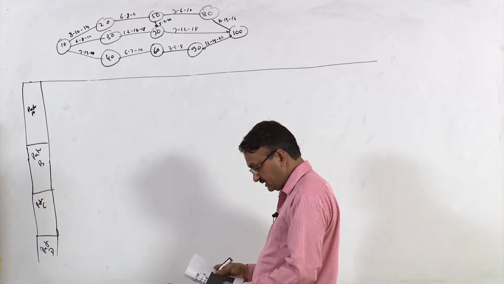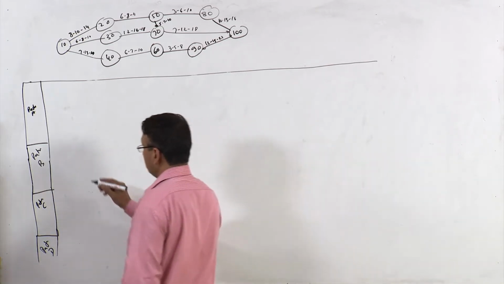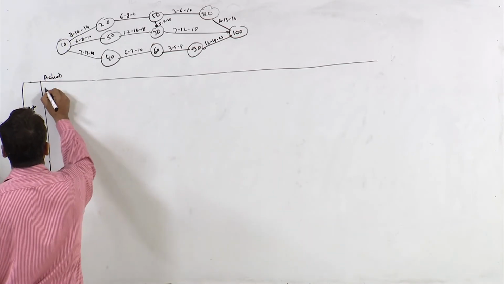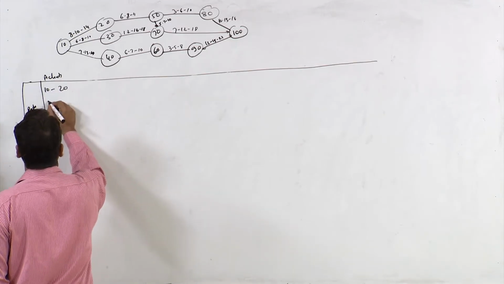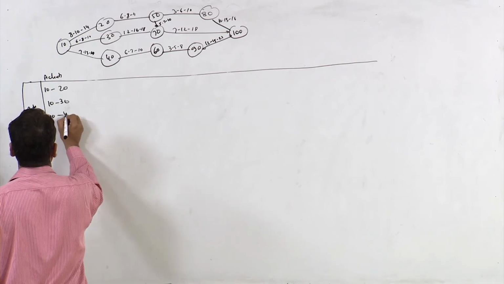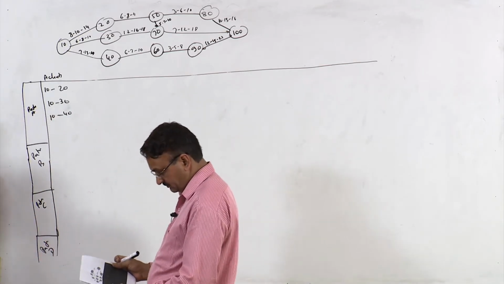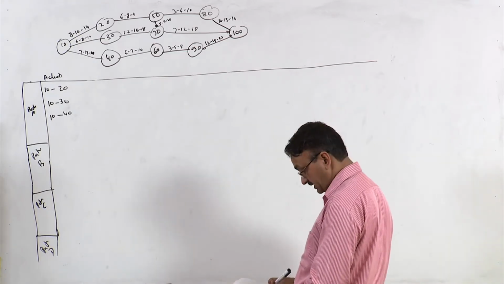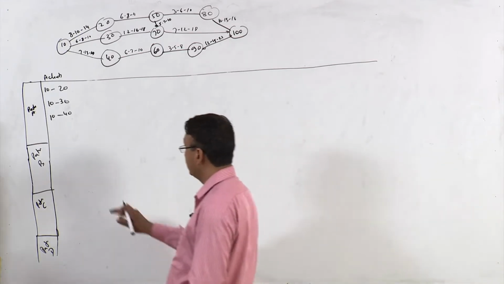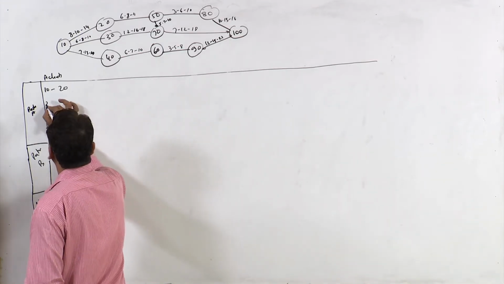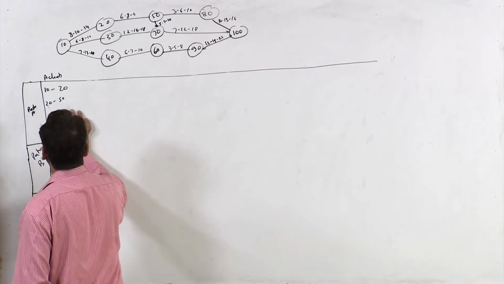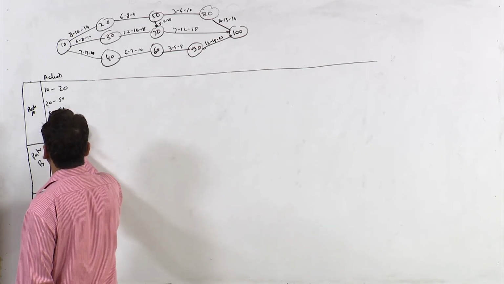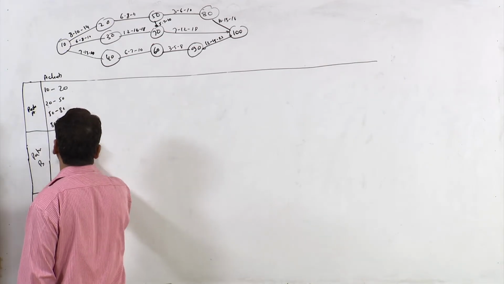Let us find out TE values. If you look at path A, it is from 10, 20, 50, 80 and 100, so it is 10 to 20, 20 to 50, 50 to 80 and 80 to 100.